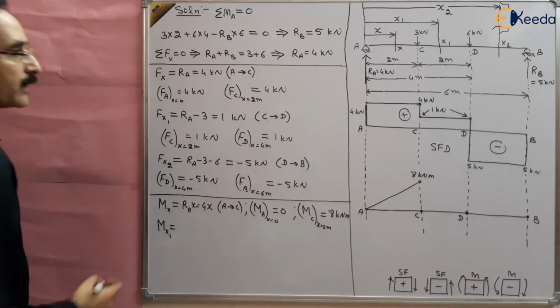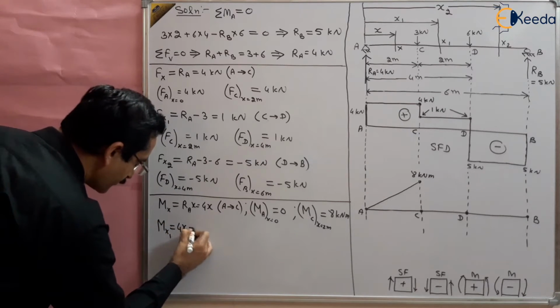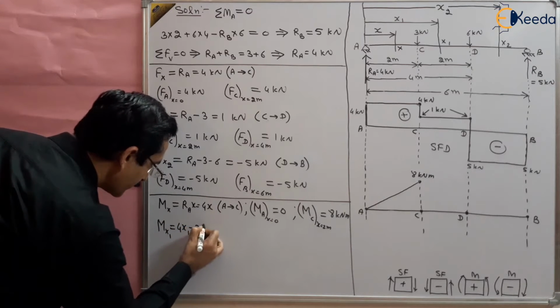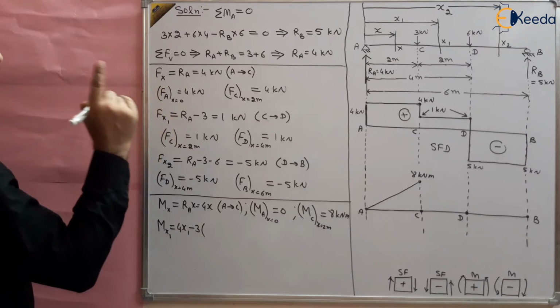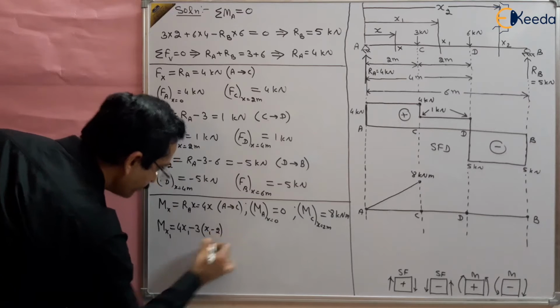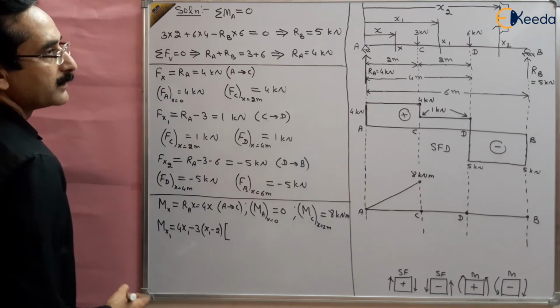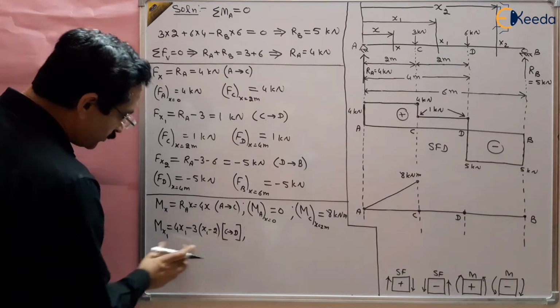This will be 4 multiplied by x1, 4x1, which is positive, minus 3 kilonewton, because it is negative, multiplied by the distance Cx1, which is x1 minus 2. And this is valid between C to D.